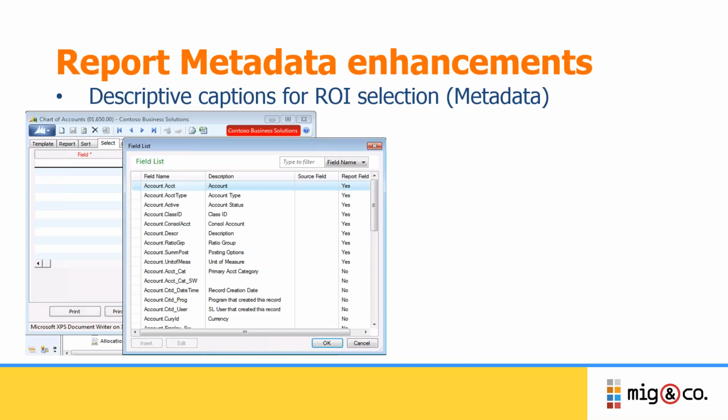Also, a nice little added value here is in the fourth column on a report field, it tells you whether this particular field is actually on the report or not.